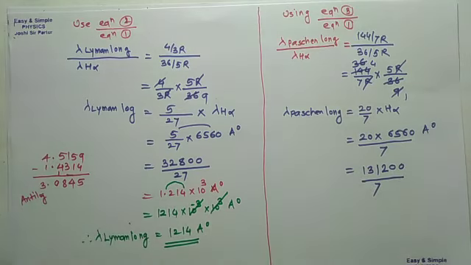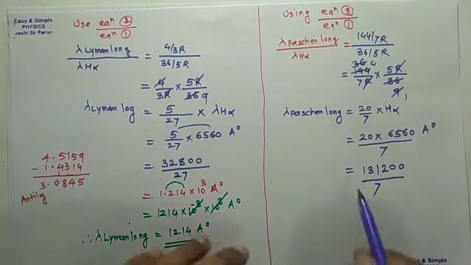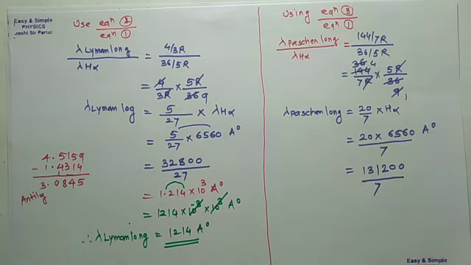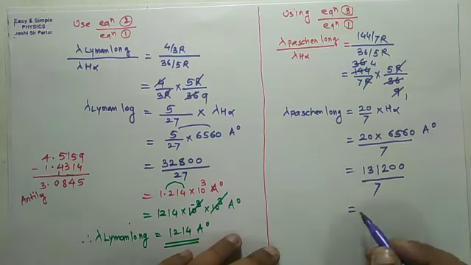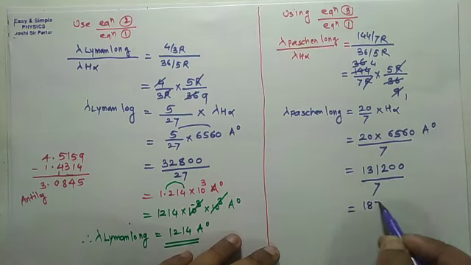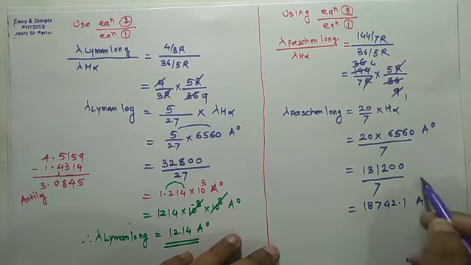So here 131200 divided by 7, by division it will be 18742.1 angstrom unit.